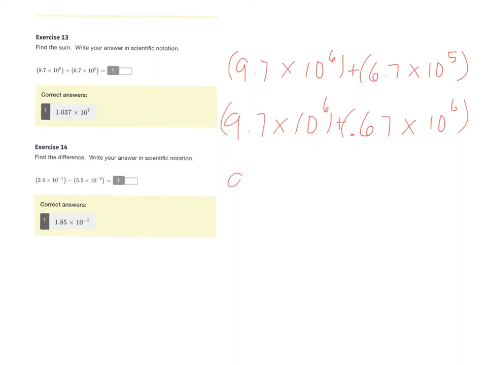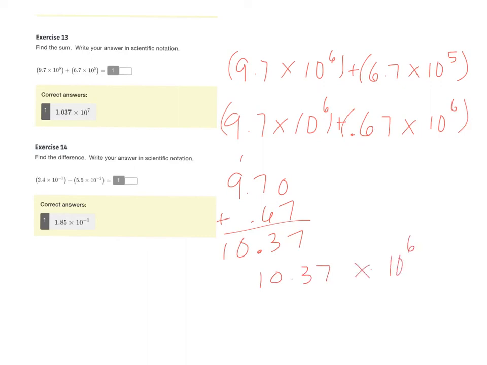So I've got 9.7 plus 0.67. So make sure that you line up your decimal points. I'm going to have 7, 13, 10. So I have 10.37 times 10 to the 6th.